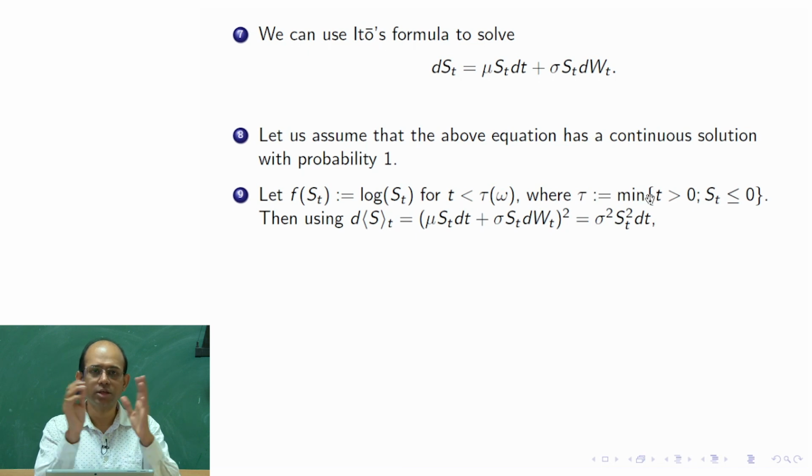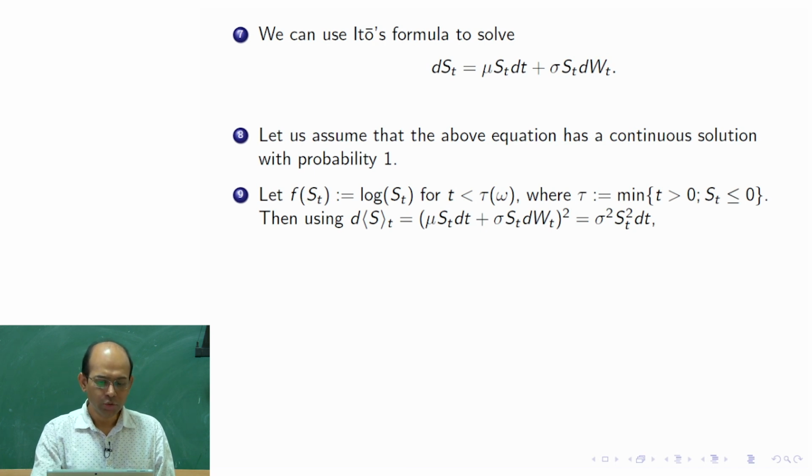That is the exit time of the upper half plane. For all t before the exit time, it is well defined. So, after assuming that this equation has a solution, I am considering f of st and I am going to apply Ito's formula on this.